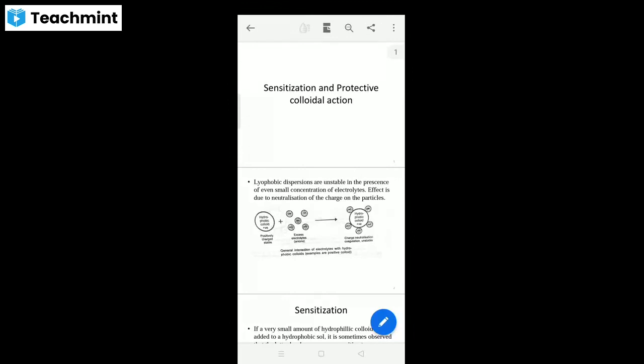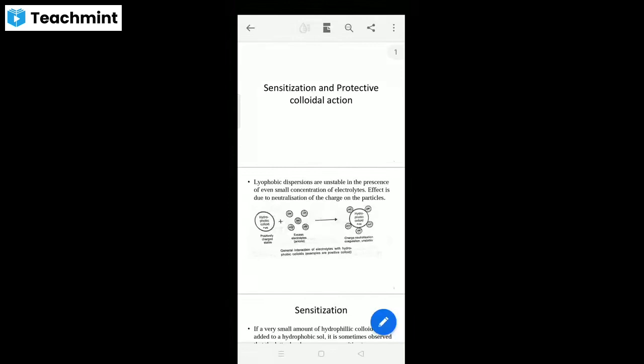Earlier we have discussed that. Now, if you consider the stability of lyophilic colloid and lyophobic colloid, we find that lyophilic colloids are more stable than lyophobic colloids.